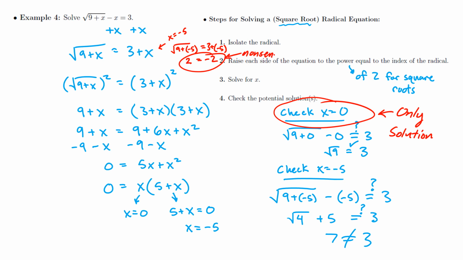But what did you do in the very next step? In the very next step, you squared both sides. But if you square the 2 and square the -2, what do you end up with? You end up with 4 equals 4. So what you've done by squaring both sides is you've actually turned a false statement into a true statement. And you didn't know it because you didn't know what x was back here.